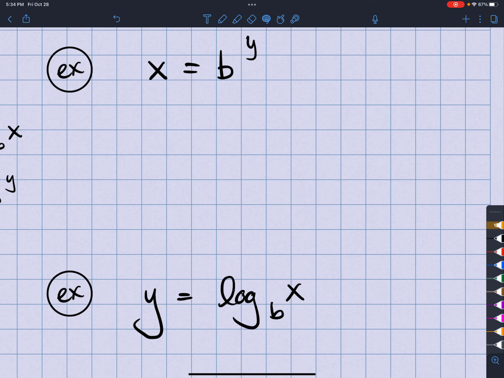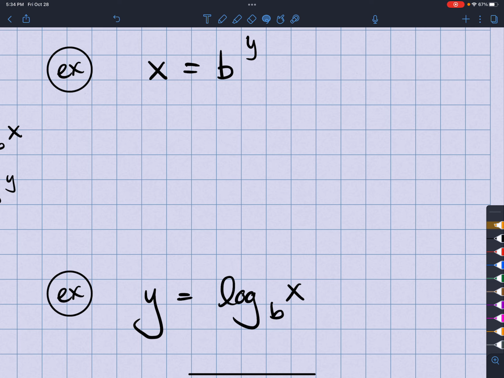So let's say we're given log base 2 of 7 plus 3 log base 2 of 4, right? So I look at the base 2. Can I make 7 a base of 2? No. Can I make 4 a base of 2?